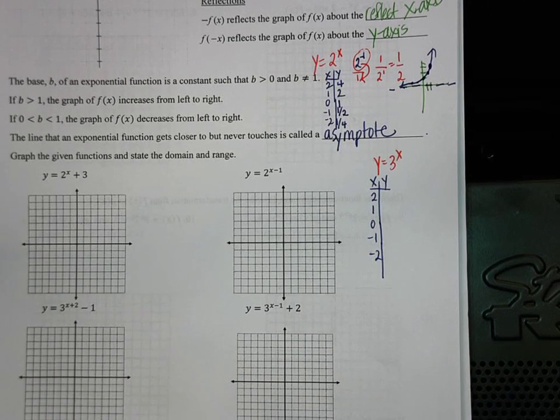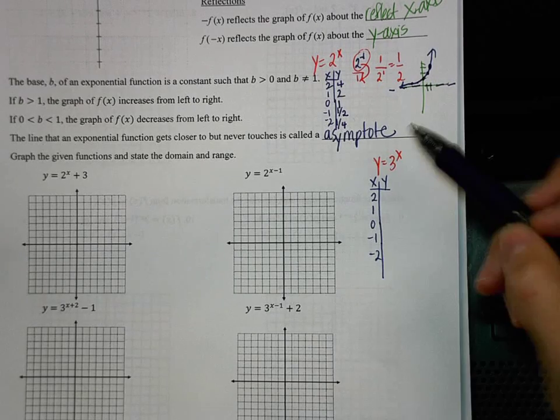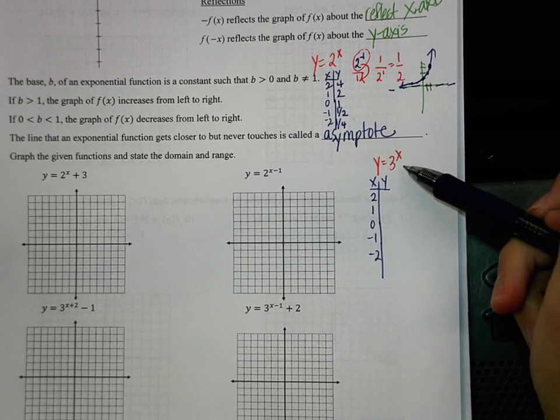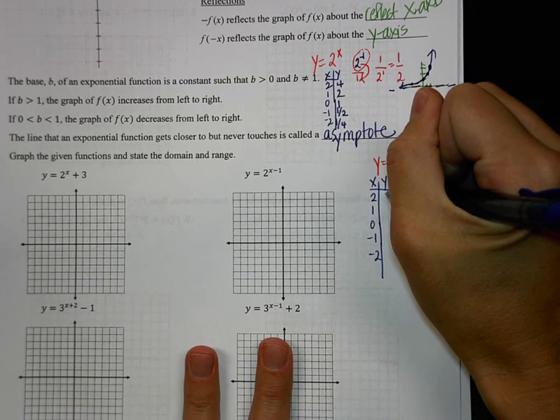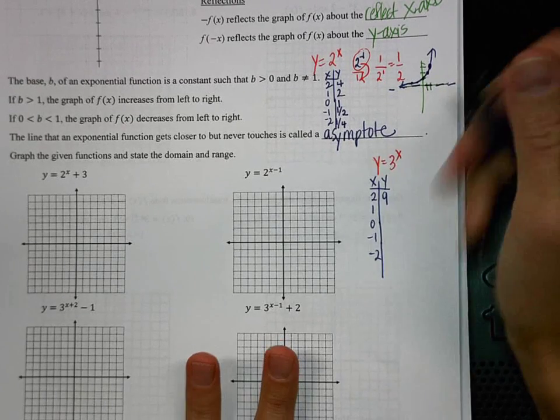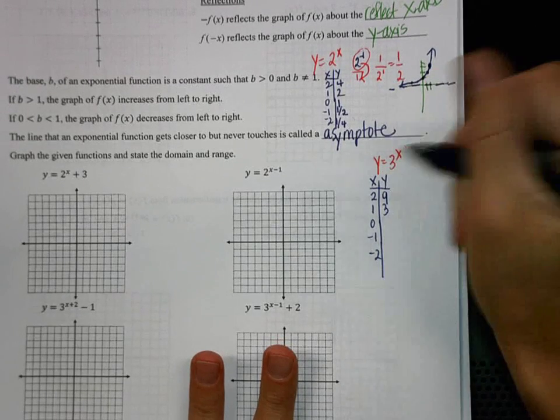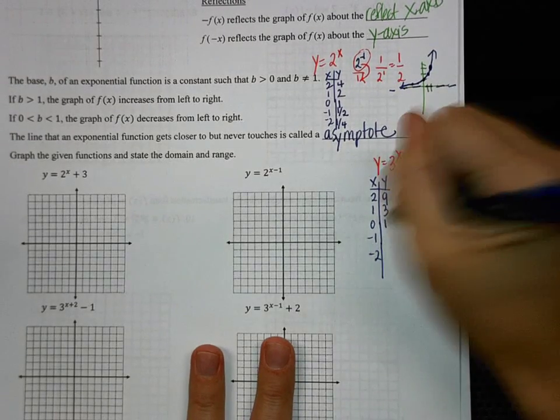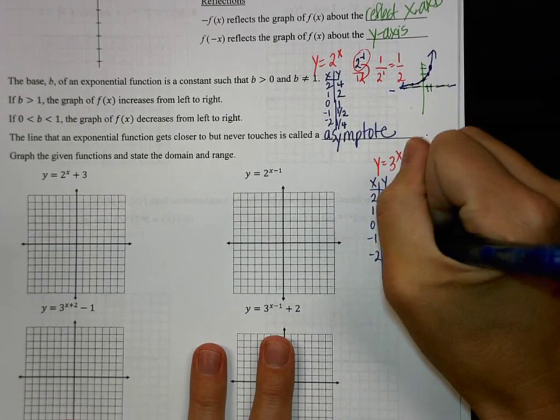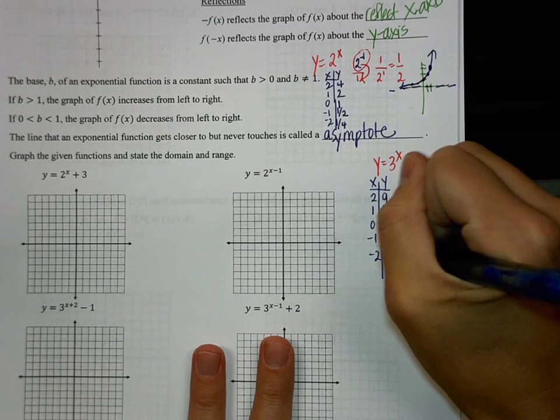When I plug in those values, 3 to the second power gives me 9. 3 to the first is 3. 3 to the 0, good. 3 to the -1, good. And 3 to the -2, good.